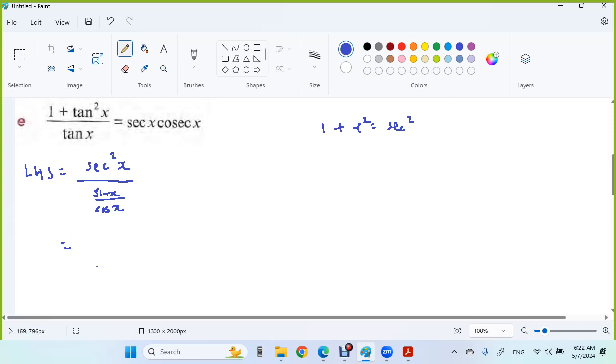So secant square is actually 1 over cos square x, and then multiply with the cos x over sine x.